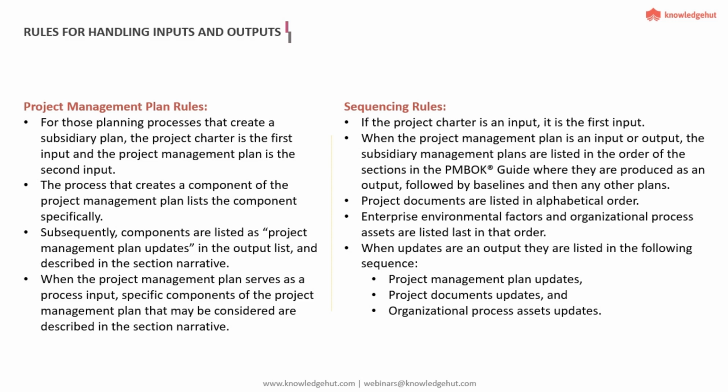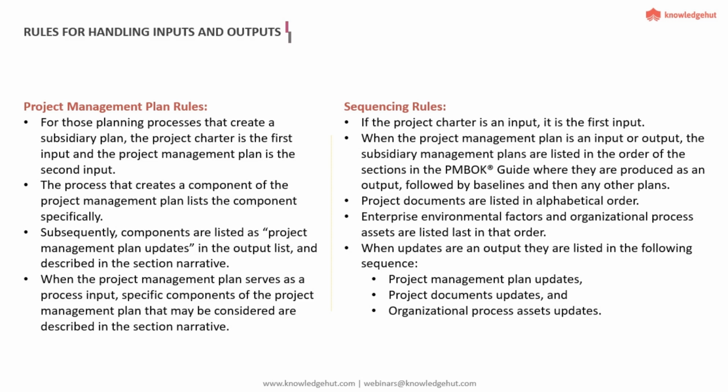But now in 6th edition, they would not write risk register as an input. They would not write stakeholder register as an input, which they used to do till 5th edition. They used to put the specific name of the document, but now in 6th edition, the input would read like project documents. Underneath that, in the description section of the PMBOK guide, they would mention very clearly which particular project document would be an input here.